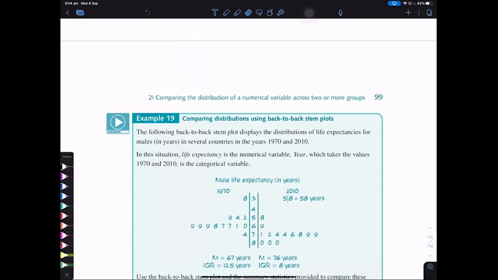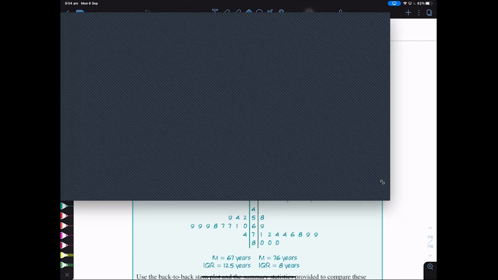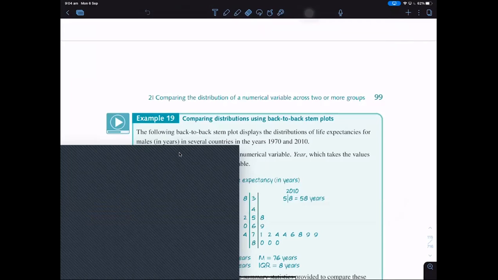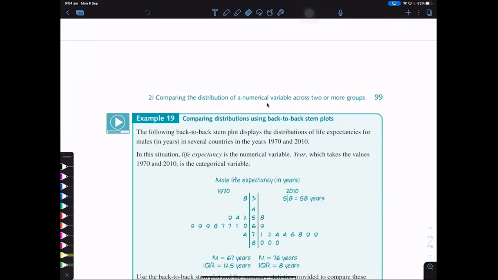All right, can you guys see the screen? Yeah. Excuse me for a second. I've just put a block over it. All right. There we go.